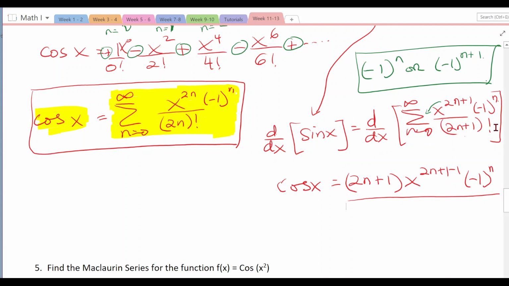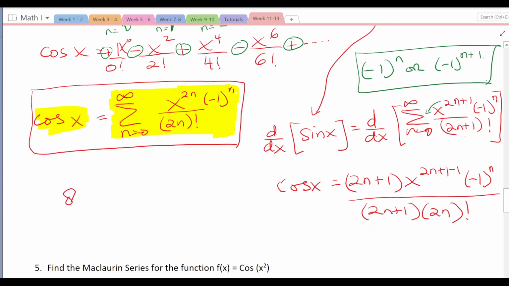I'm going to write 2n plus 1 factorial as 2n plus 1 times the number one below it, which is 2n factorial.